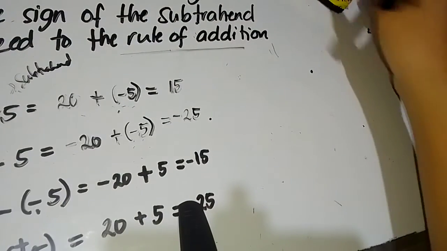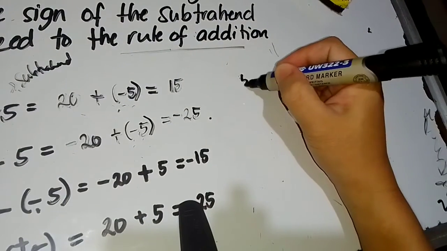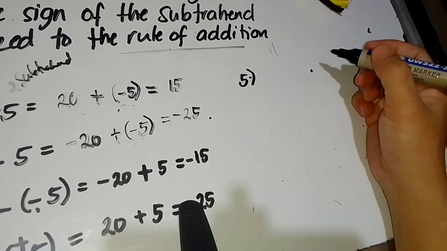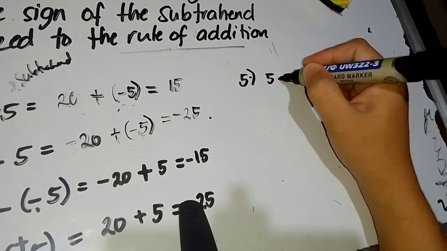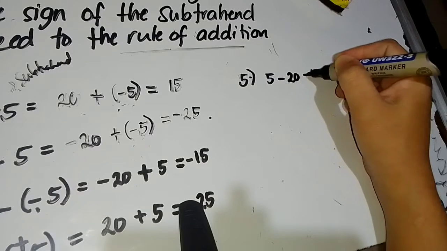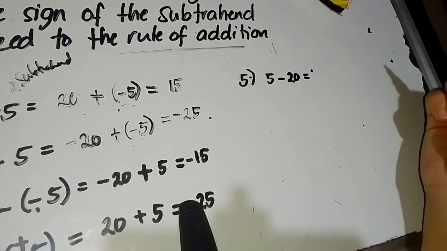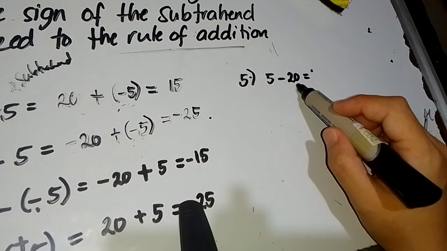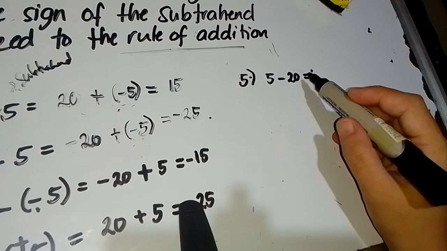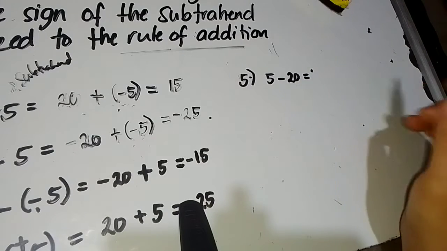Okay. So another example is 5 minus 20. Subtracting the bigger number from the smaller number, our answer here is negative. How come?